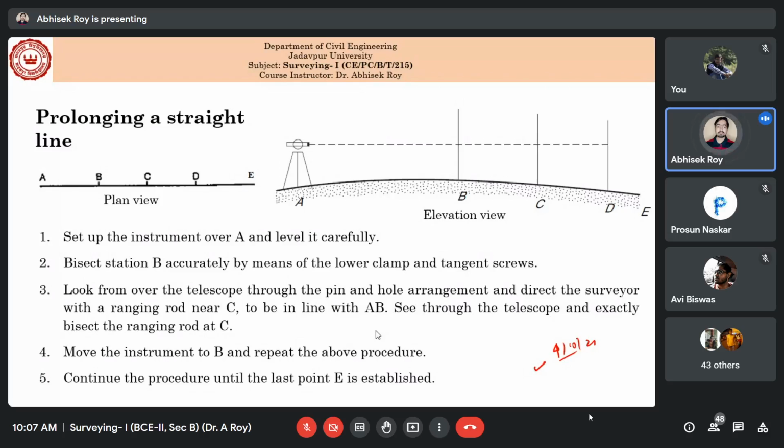Okay. So all this process, although we have discussed in the last class, we have not discussed any numericals based on this, because all the numericals of this part we will discuss in the next module, that is traverse surveying.